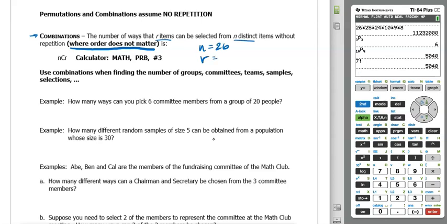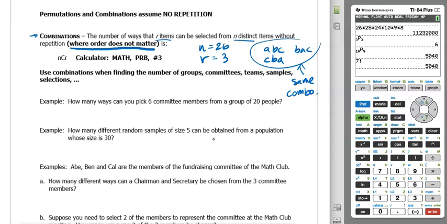If we chose A, B, and C, that would be the same combination as CBA or as BAC. These are all just the same combination, but they were different permutations. Sometimes whenever you're reading the problem, you're trying to think about whether it should be a combination or a permutation. You just have to decide whether the order matters.